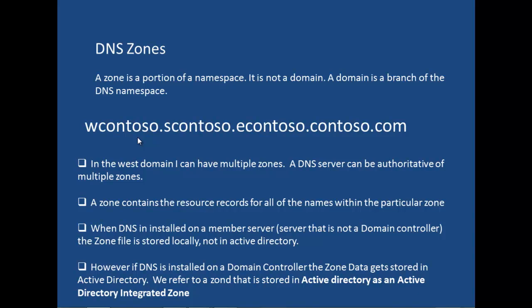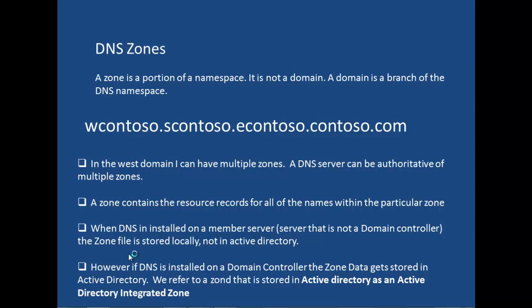When we install DNS for the first time, if DNS is installed on a domain controller, then that zone file or that zone database is stored within Active Directory. If we install DNS on a member server, that is a server that's not a domain controller, then that zone file or database is stored locally.